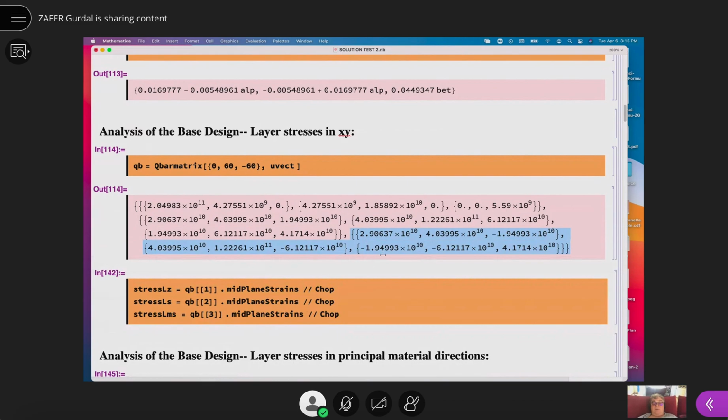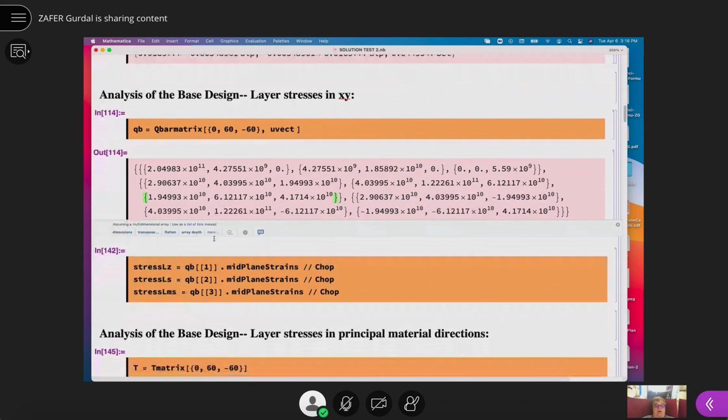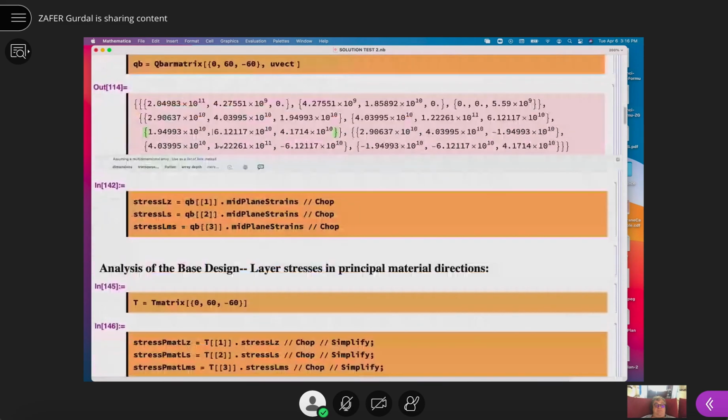As you can see, the 1,1, 2,2, and 1,2 terms are the same. The only difference is the minus sign in the 1,6 and 2,6 terms. All right, so I have 3 Q-bar matrices.